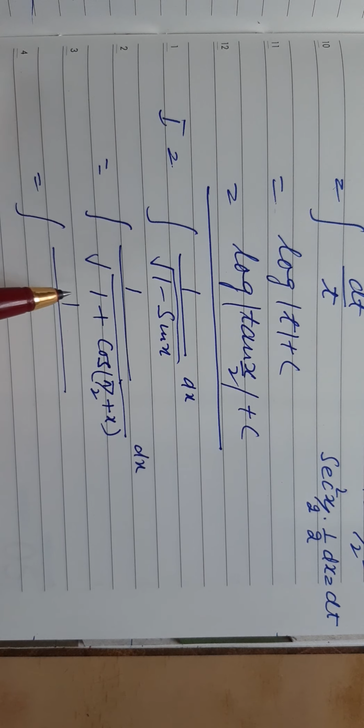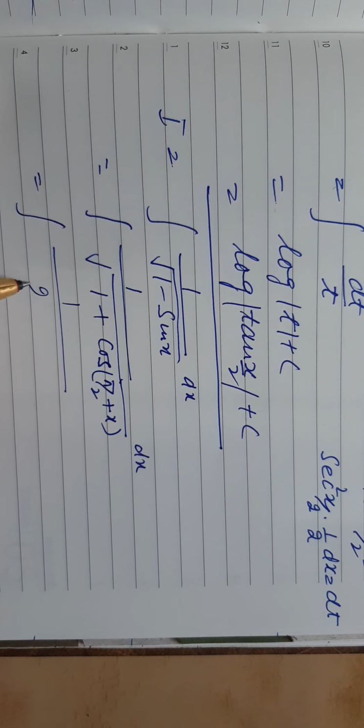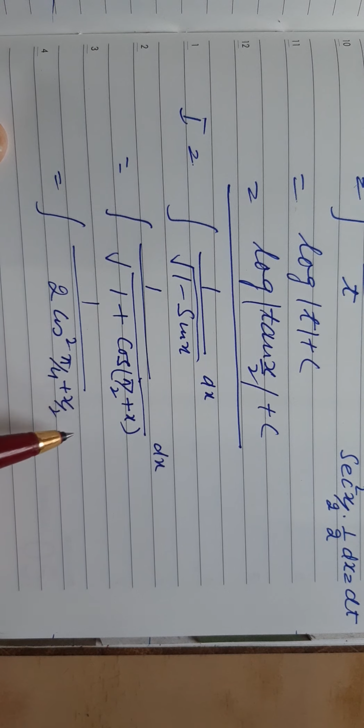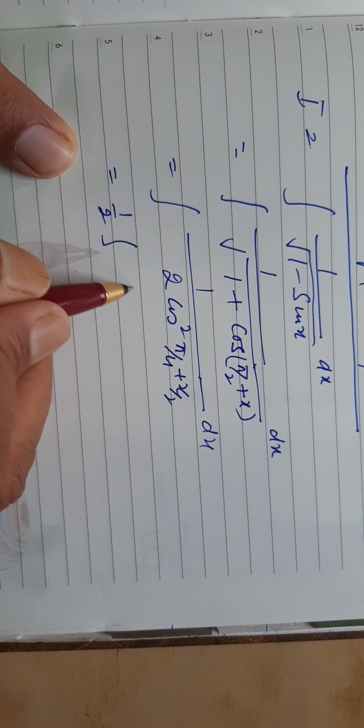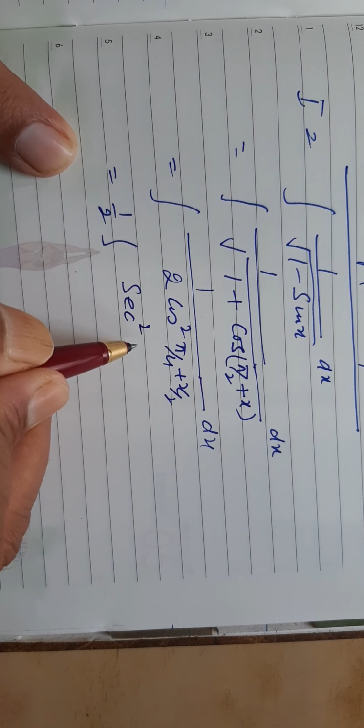1 plus cos x is equal to 2 cos square of pi by 4 plus x by 2, as 1 plus cos x is 2 cos square x by 2. This is the formula. 1 by 2 take outside, and under the root, cos square is secant square.